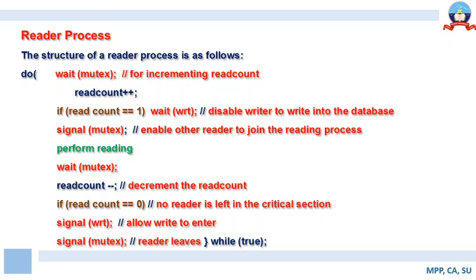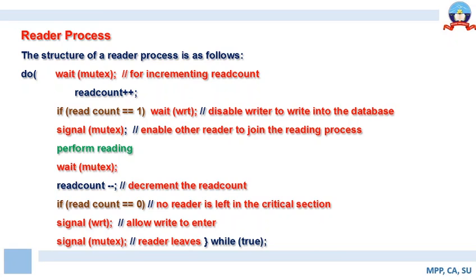So here I am incrementing the value of mutex, by signal, to ensure that other readers will be allowed access to the file to perform the read operation. So once we find there is a reader, we disable the writer, and then we enable other readers to join the reading queue.